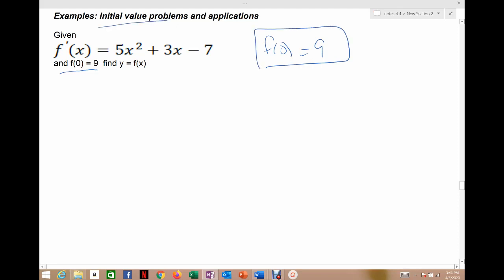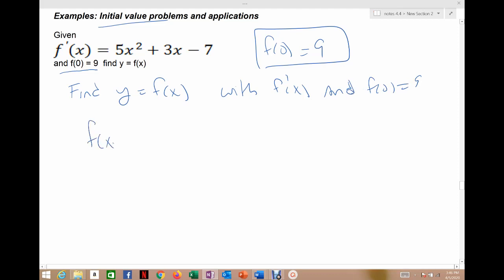That's the initial value part. There should be one unique function with that derivative and that function value. First we find all possible functions by taking the antiderivative of the derivative, undoing the derivative part.